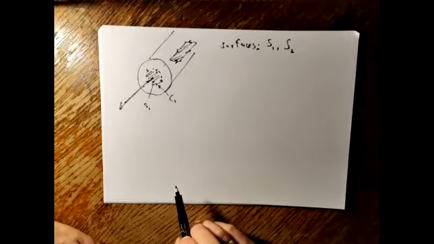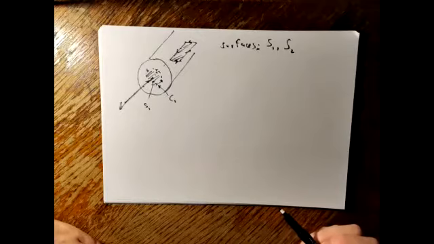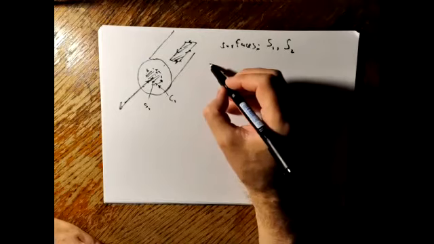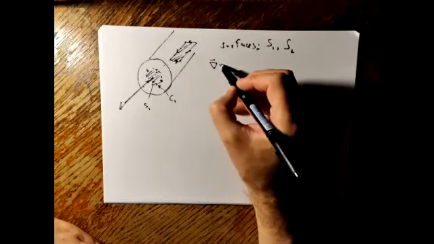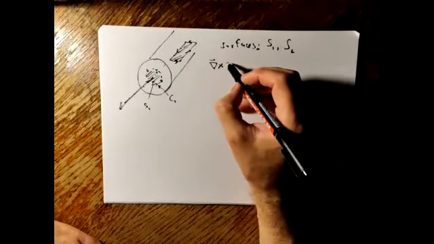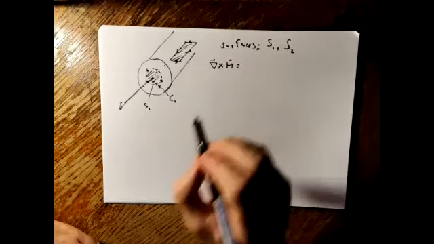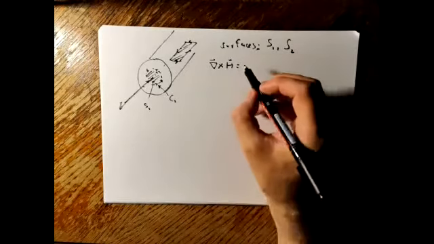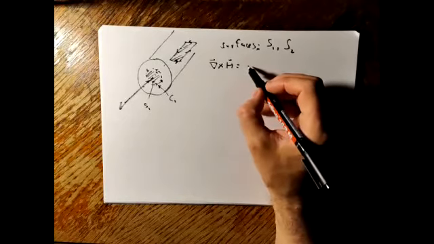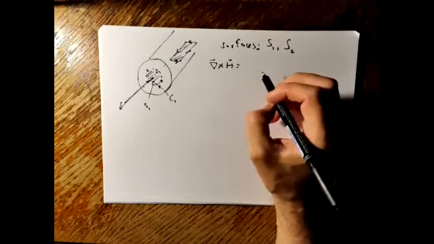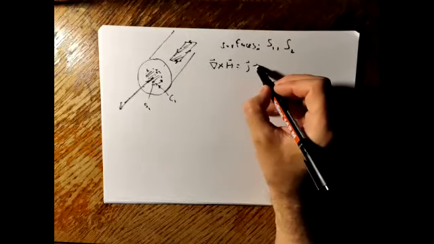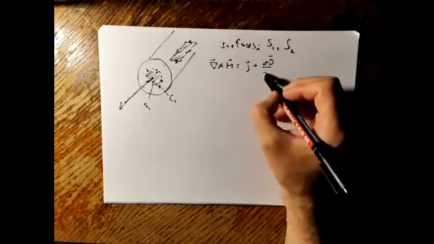Now, what are the Maxwell equations that you're going to use? First, I'm going to write them in differential form. We start with the curl of H, which is equal to the free current plus the displacement current.